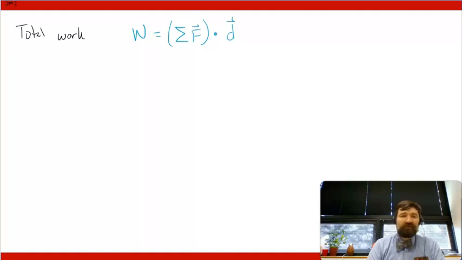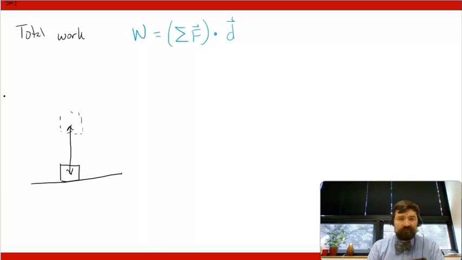Okay, so now some conceptual examples. Let's say I have an object which is sitting on the ground like this, and let's say that the object is lifted up into the air by some total height. So this is some height. How much work will gravity have done on the object?